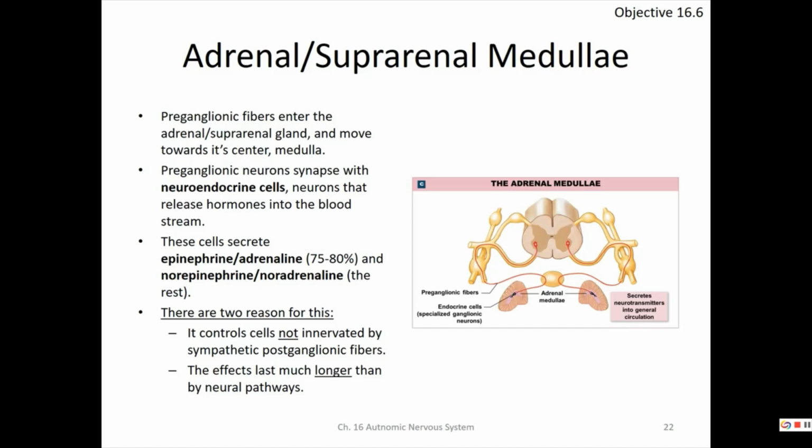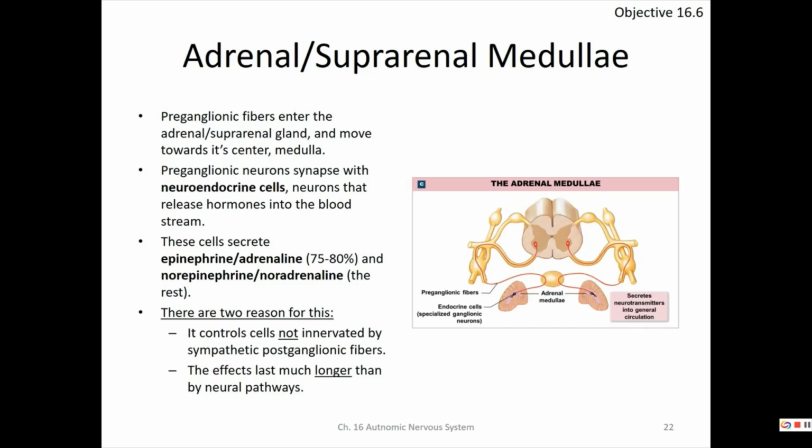I'm just going to say epinephrine, norepinephrine on my exams, just to be safe. Epinephrine is 75 to 80% of what is released here, and the remaining 20 to 25% is norepinephrine. Now, this, remember, allows a long-lasting impact because hormones are going to be in the bloodstream.